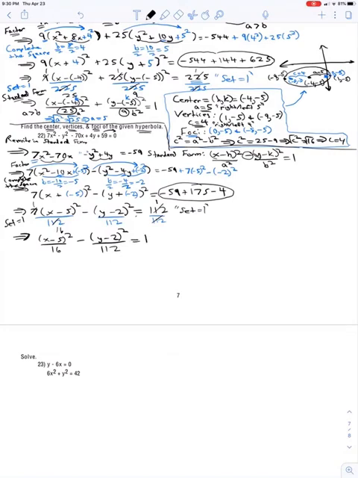Now, again, the positive term is the x squared term. We've got our standard form, so we know our values of h, k, a squared, and b squared just by looking at it. Here's the value of a squared, which is the smaller of the two denominators.